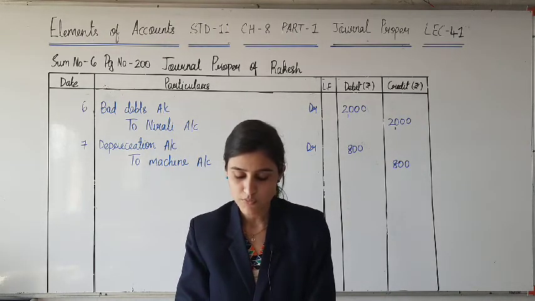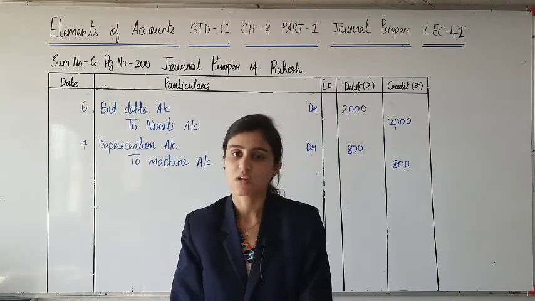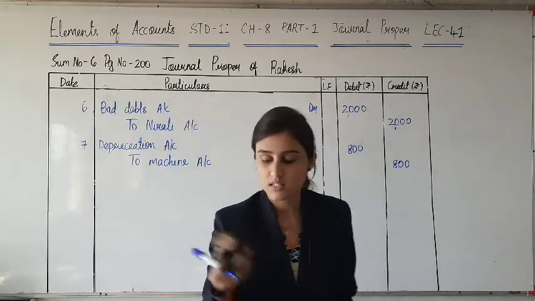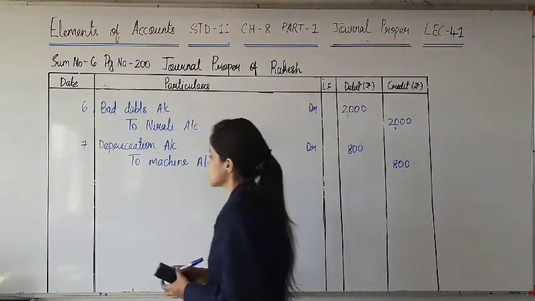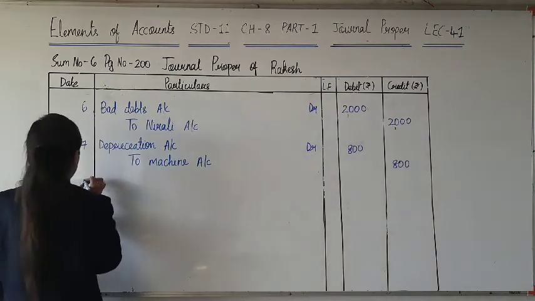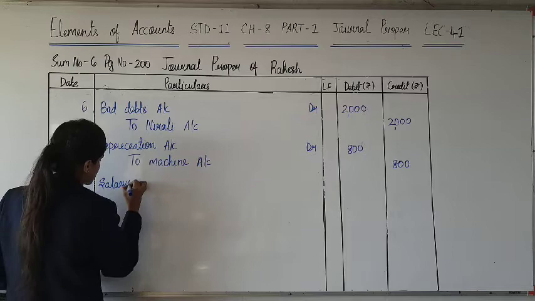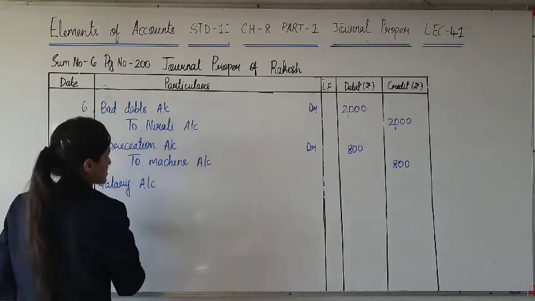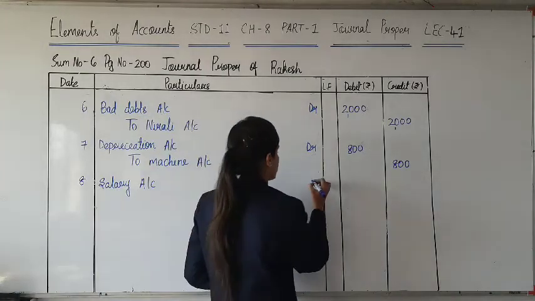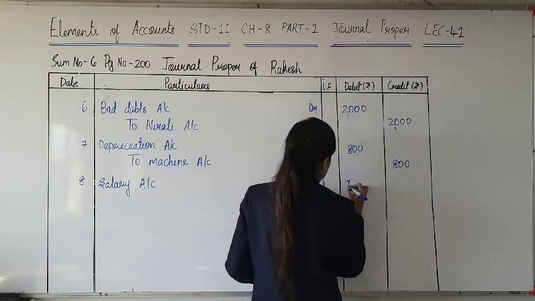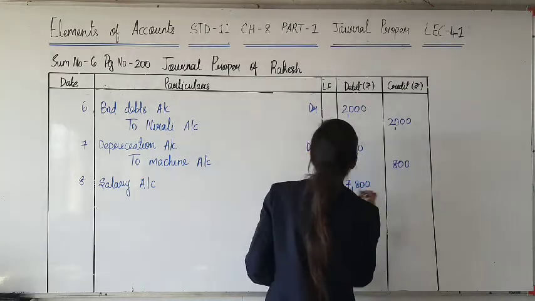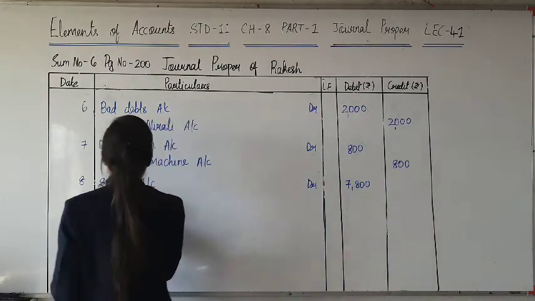Last transaction of sum number 6. Salary for the month of March is unpaid, rupees 7,800. I think there is nothing to explain. I have just explained the adjustment entry for unpaid salary. Salary is an expense. Salary account debit 7,800 and unpaid salary is a liability.